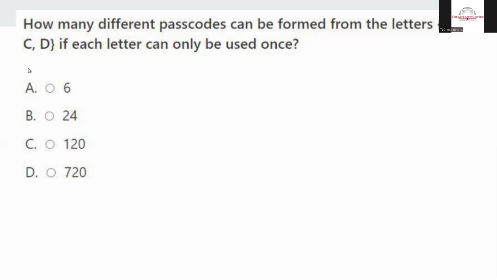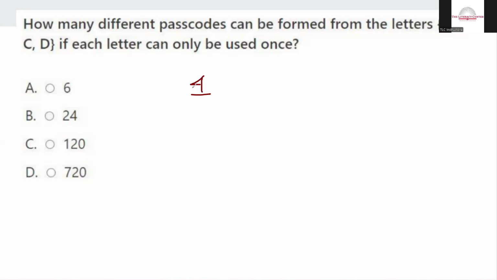So we can think of this like we did with the multiplication. If we pick one of these letters and we put it in the first place, how many different choices of letters do we have? 1, 2, 3, 4. There are 4 possible letters for the first.